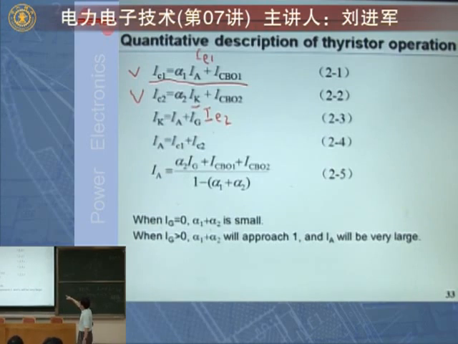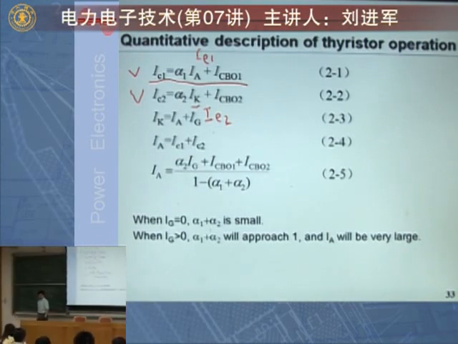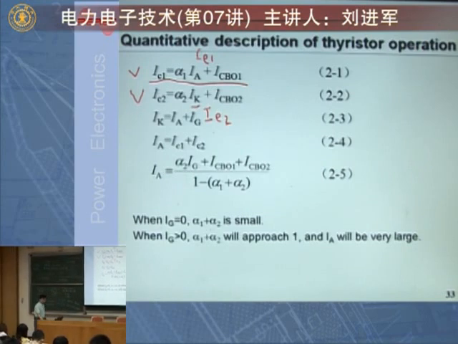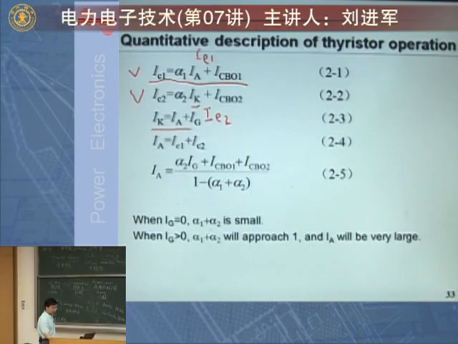And then based on those two equations, you always have the next two, equation 3 and equation 4. IK is equal to IA plus IG. And IA is equal to IC1 plus IC2. Why are these two equations existing?